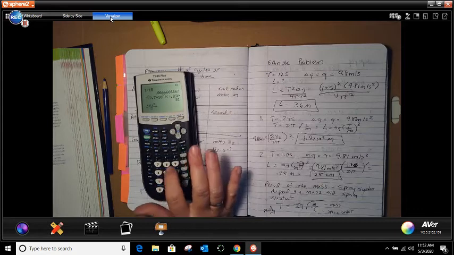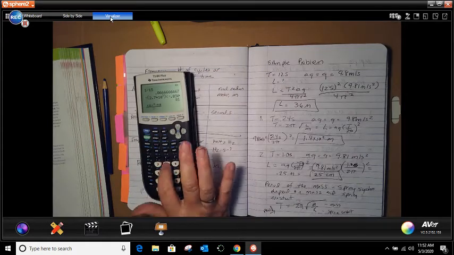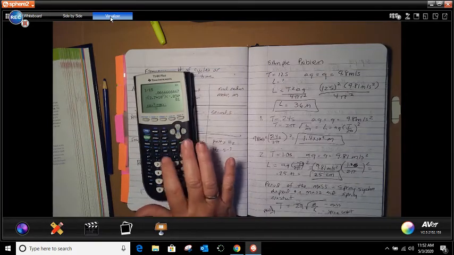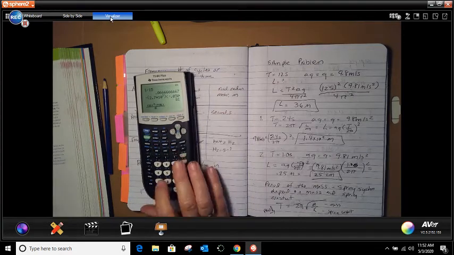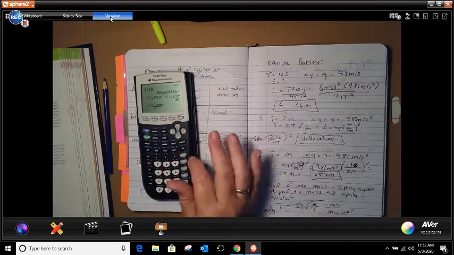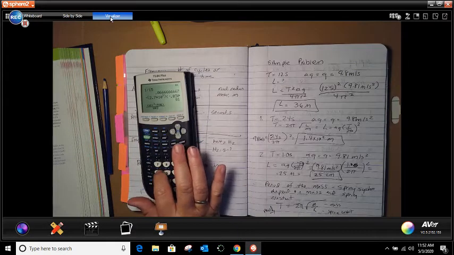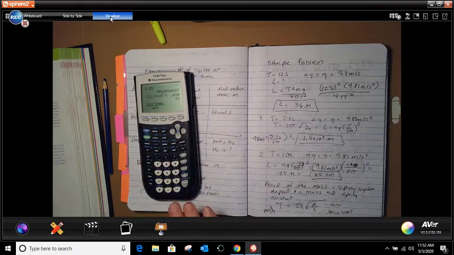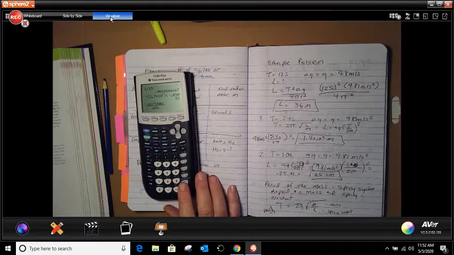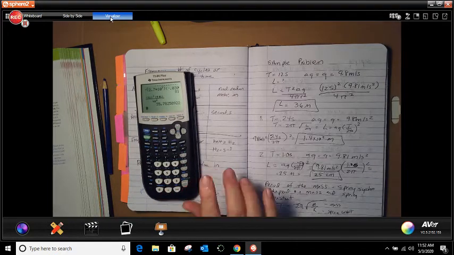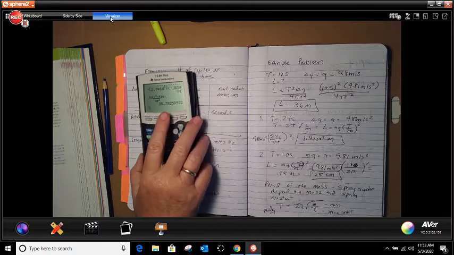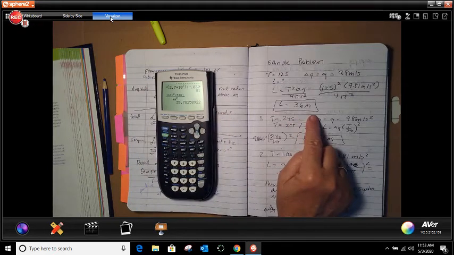And then 9.81, close, divided by 4, and then we're going to do our pi, and then our square. And we're going to hit enter. And we get 35.78, which they got 36, which they rounded up.